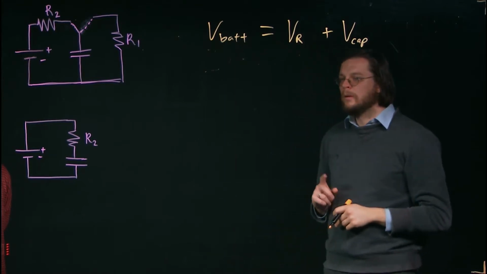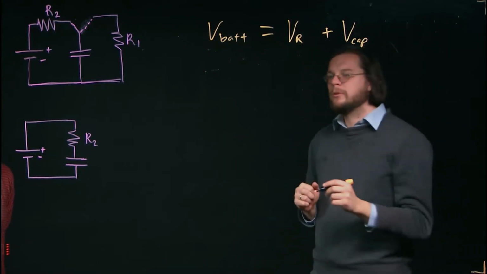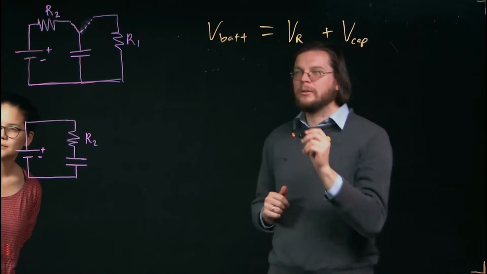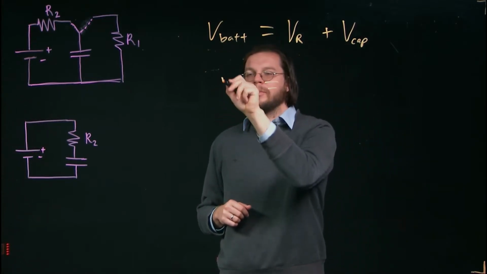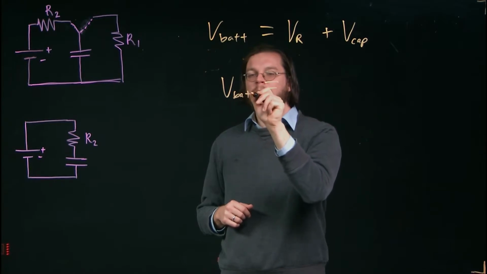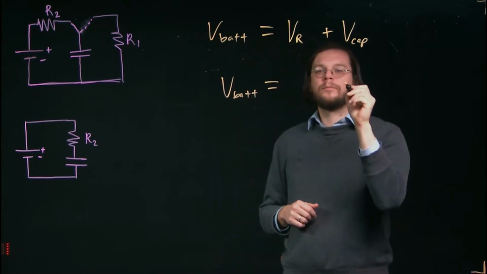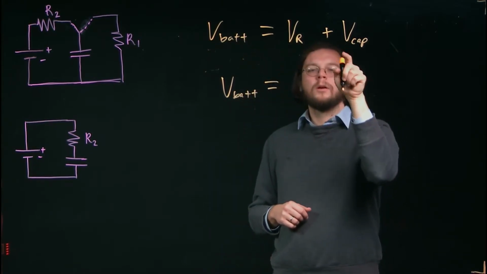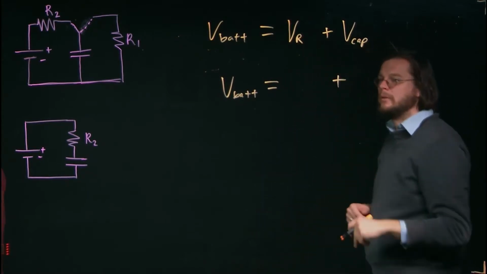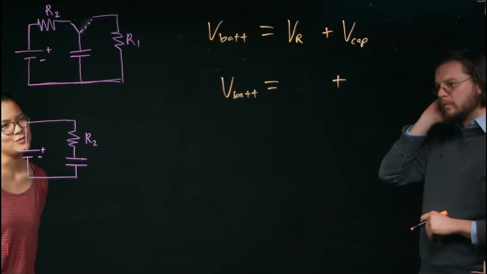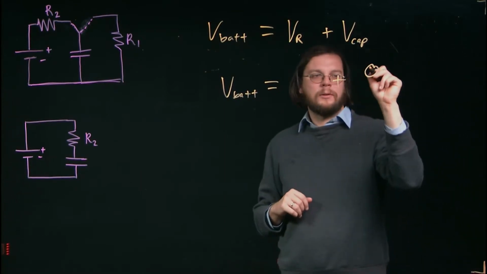Now, Blythe, do you remember what the voltage drop across the capacitor is? So this is the voltage drop across the battery, we'll just keep that there. Plus, do you remember what this is in terms of the charge and the capacitance? That should be Q over C. Q over C, very good.